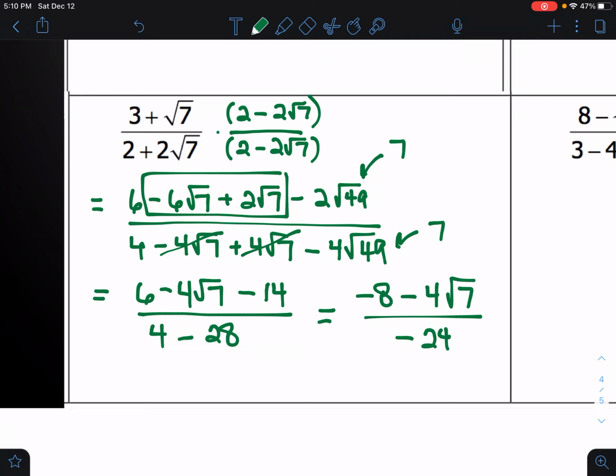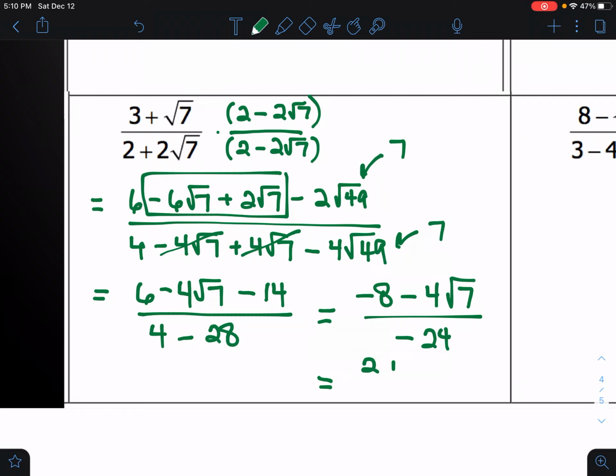Okay, now you're done, except you always want to look at these numbers right here and see if they have anything in common that you could reduce. Now, the biggest number that goes into all of those would be negative 4. They all have a negative in common, so I'm going to use a negative. So negative 4, if I divide negative 8 by negative 4, I get negative 2.